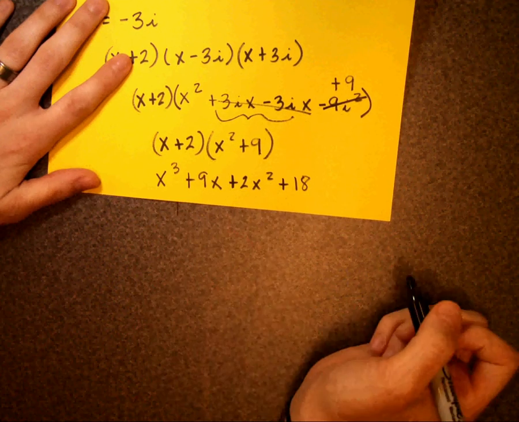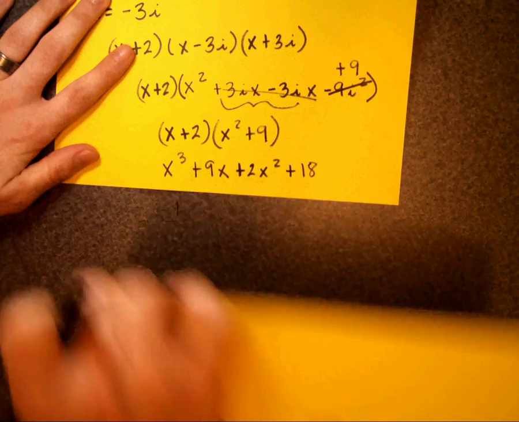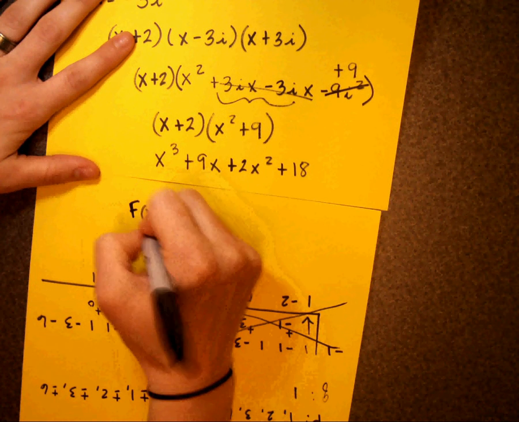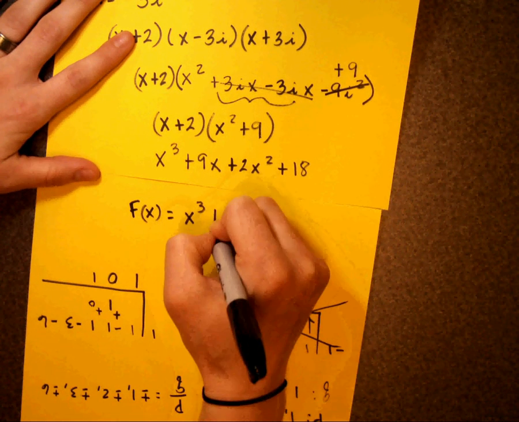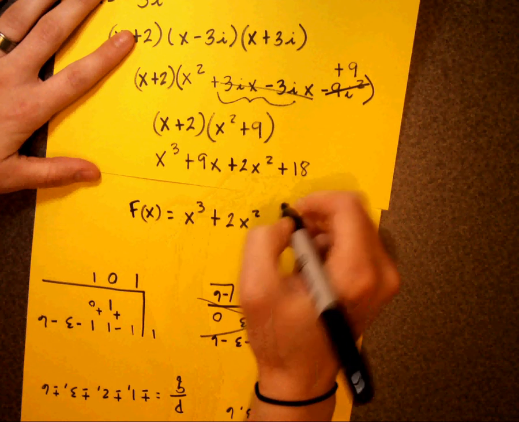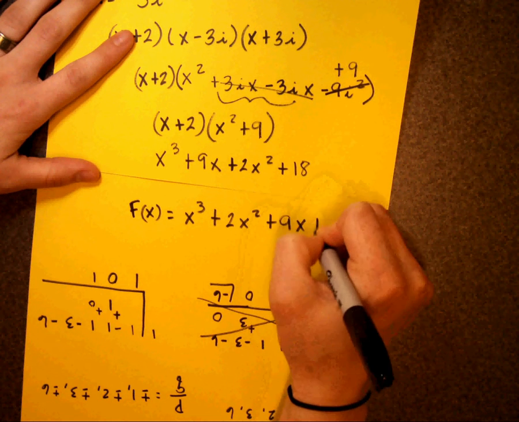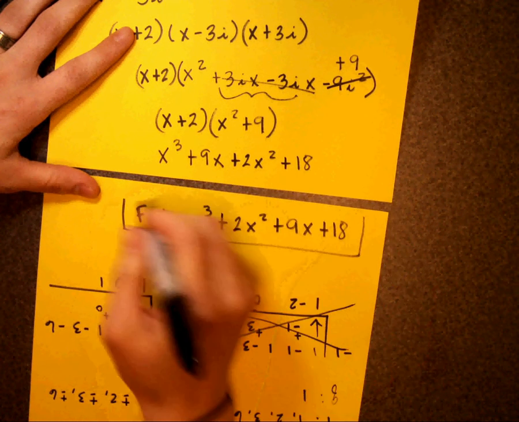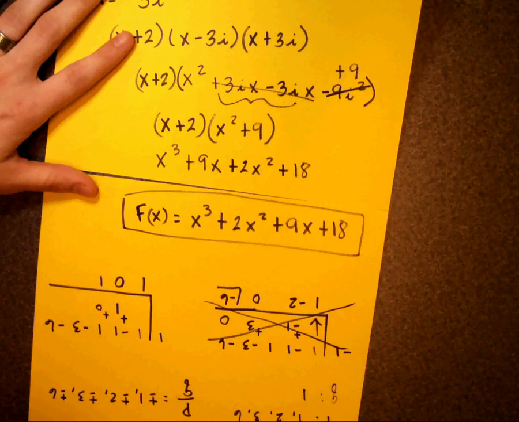So we'll end up with f of x equals x cubed plus 2x squared plus 9x plus 18. So we found a polynomial that has those roots.